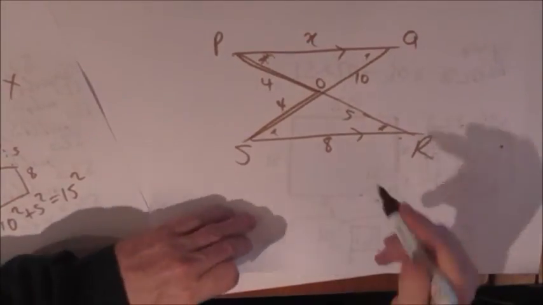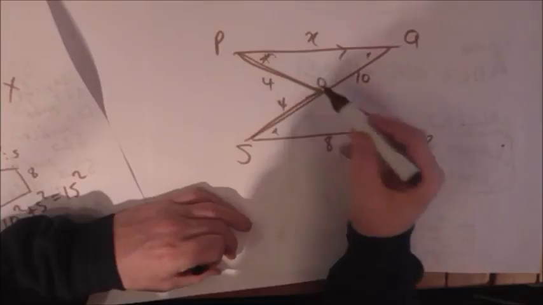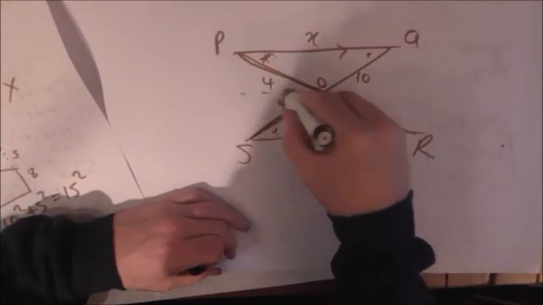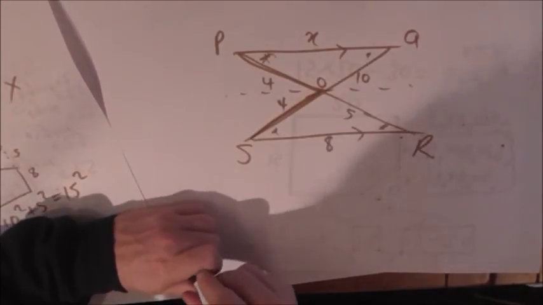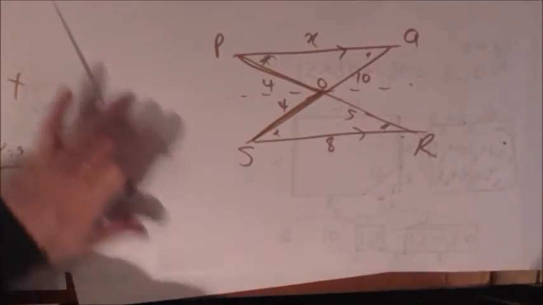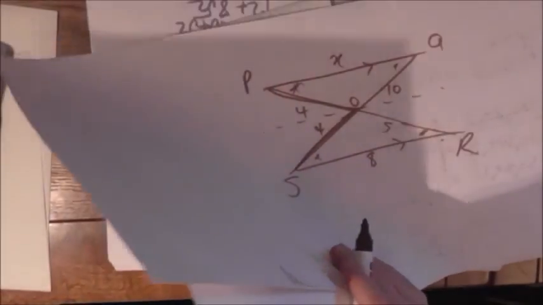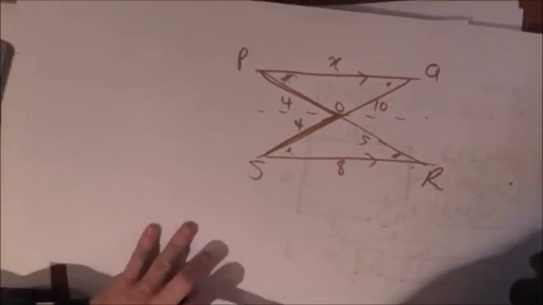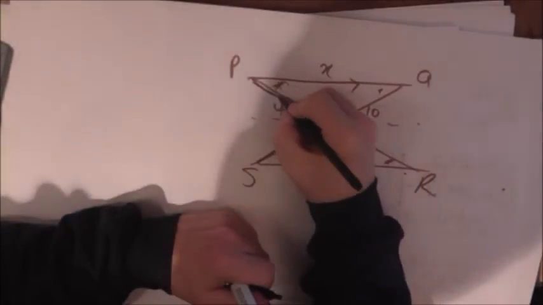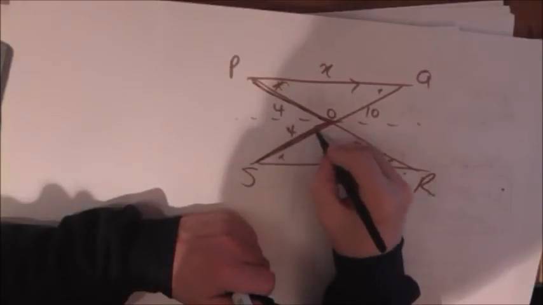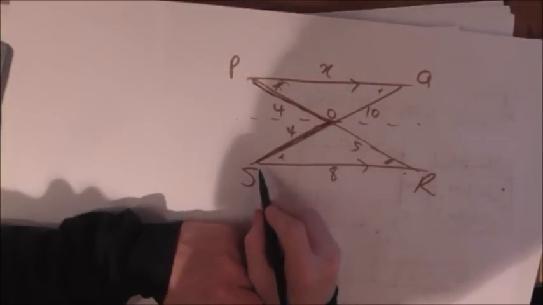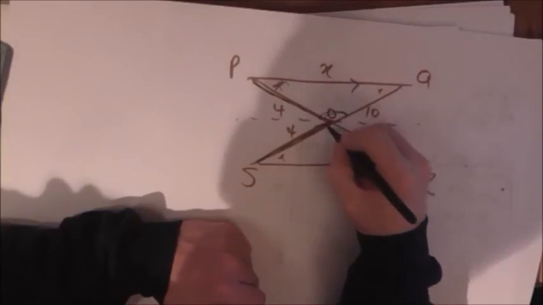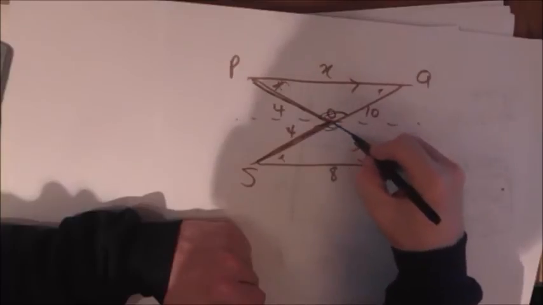So therefore, if this one gets flipped over like that, let me show you what I mean. Just try and get a black pen. So that will land there, which means that, because this angle is the same as that angle, that 10 will now go like this.